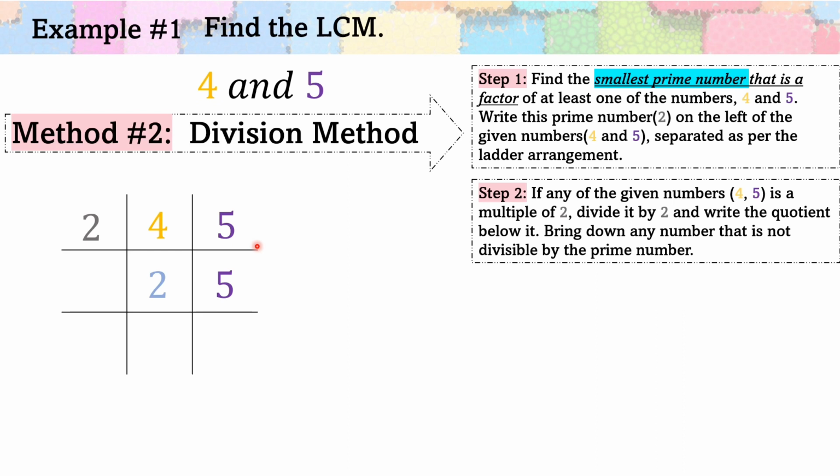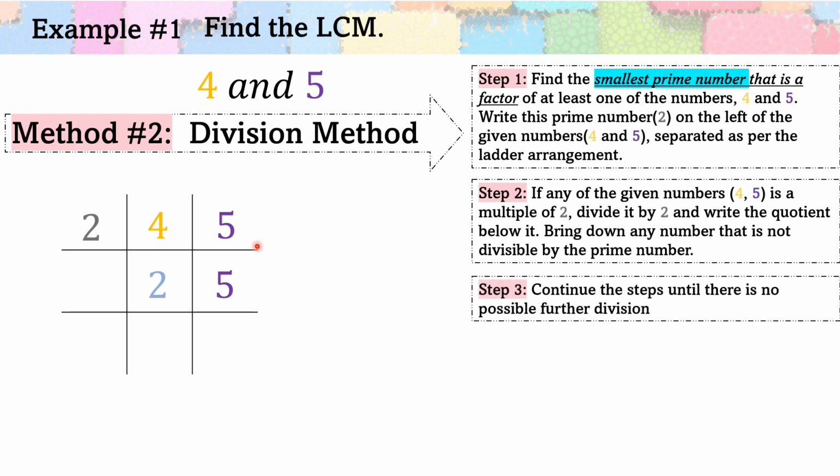Step 3, let us continue the steps until there is no possible further division. The smallest prime number that is a factor of 2 is 2. So 2 divided by 2 is 1. Write the quotient below it. 5 is not divisible by 2, so you bring that down.